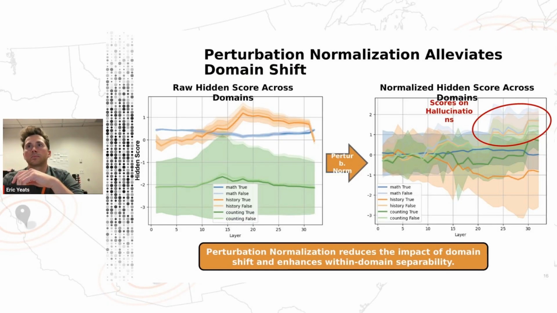And we can see that the domains in this case align, especially later on in the network, so on the right-hand side of the chart on the right, you can see that the scores on hallucinations are much better separated from those of correct responses, and they also align with those corresponding scores from other domains. And so the takeaway here is that perturbation normalization can reduce the impact of domain shift and enhance this within domain separability.